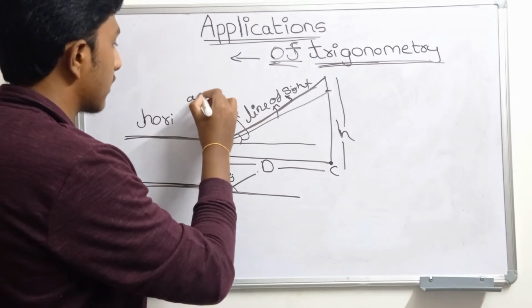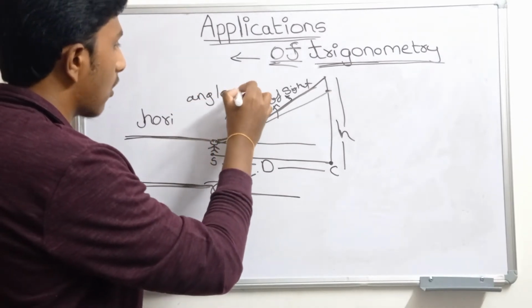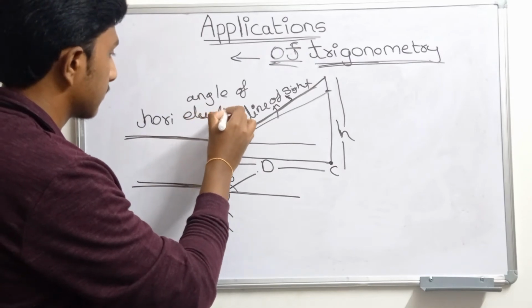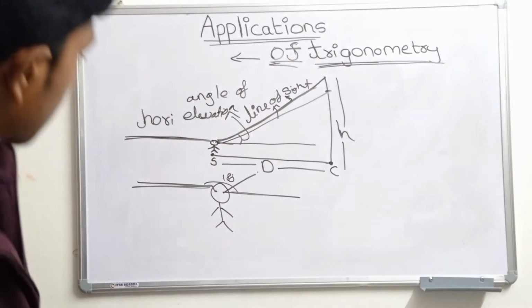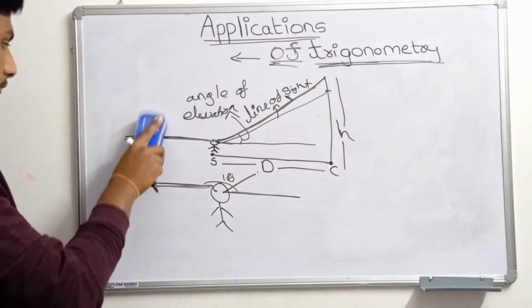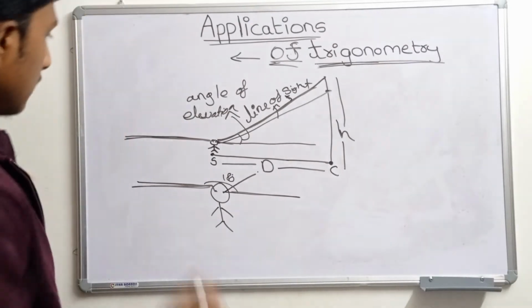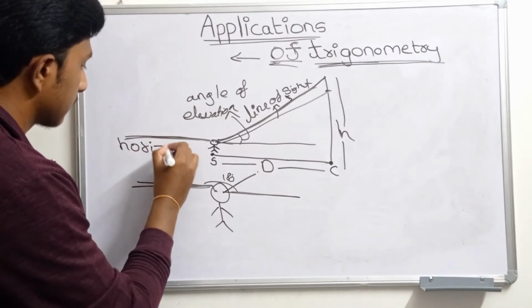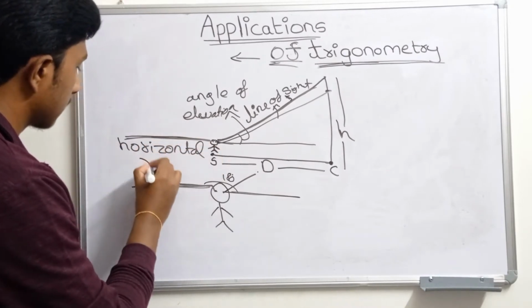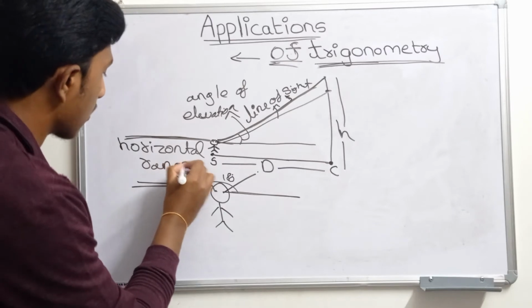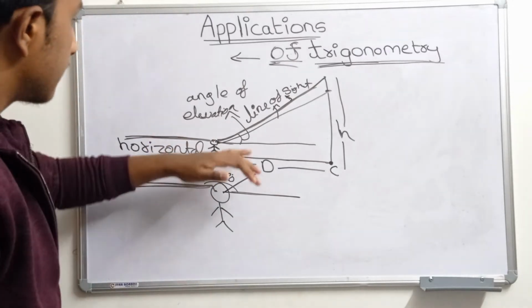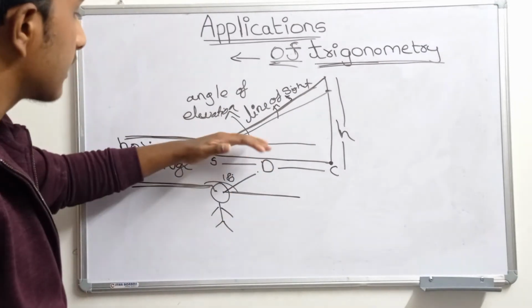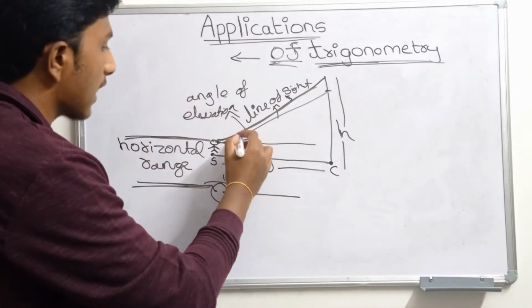This line is known as the horizontal range, and the angle between the horizontal range and the line of sight is known as angle of elevation.